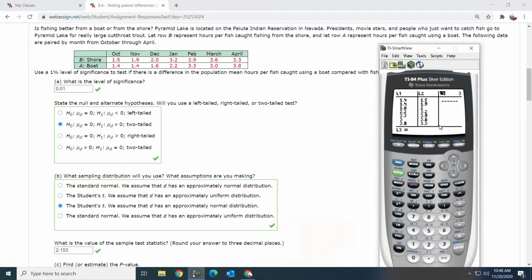In order to calculate B minus A, the way I put them in, it's going to be L2 minus L1. At the bottom of your calculator for L3, you can tell it that you want to do column 2 minus column 1. And then it will populate L3 with the differences in all those values.